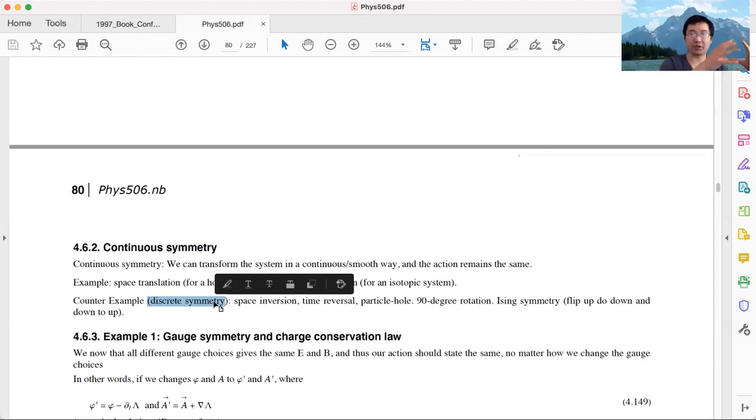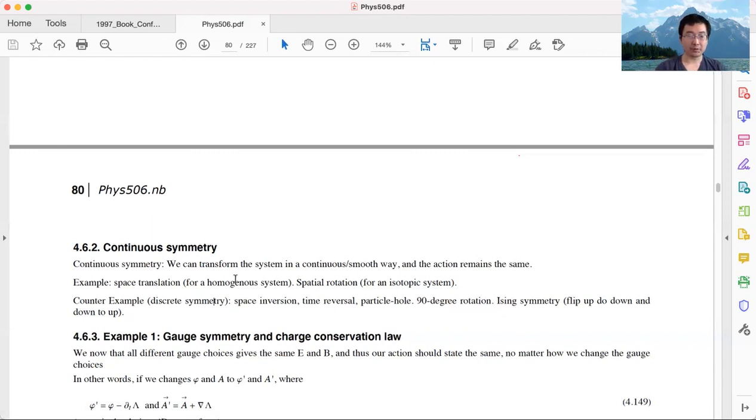The mirror image jumps from the original picture to the final picture. Another example is time reversal, flipping the direction of time, plus or minus. This is a discretized flip, not something you can gradually flip.